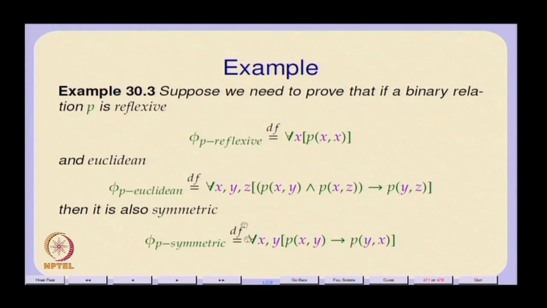So, this is the notion of symmetry: for all x, y, P(x, y) implies P(y, x). Remember that it does not matter if I replace this arrow by a double arrow, a biconditional, because with this universal quantifier the two things are equivalent.